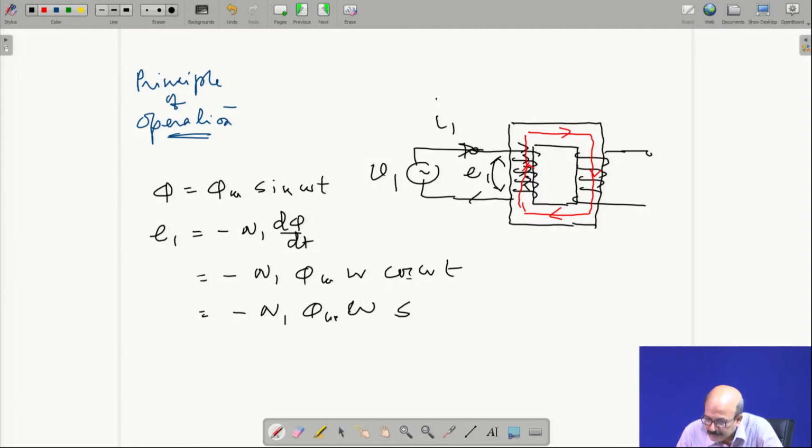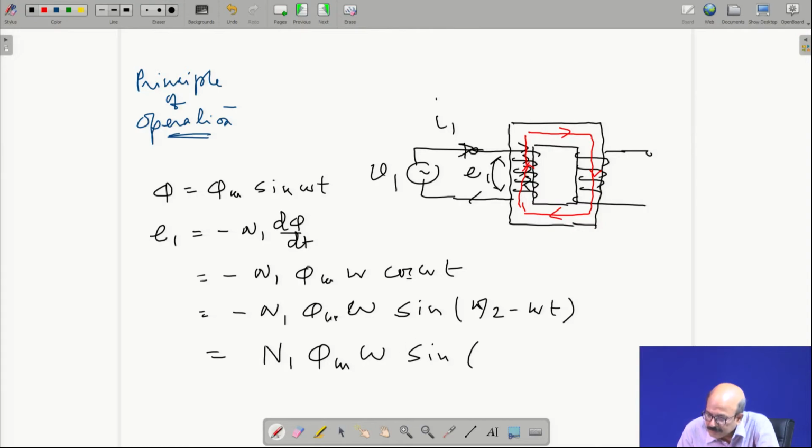Then I can write it in terms of sine, as sine of pi by 2 minus omega t. The next thing is sine of minus theta is minus sine theta, so you get N1 phi m omega sine of omega t minus pi by 2. So you can get E1.